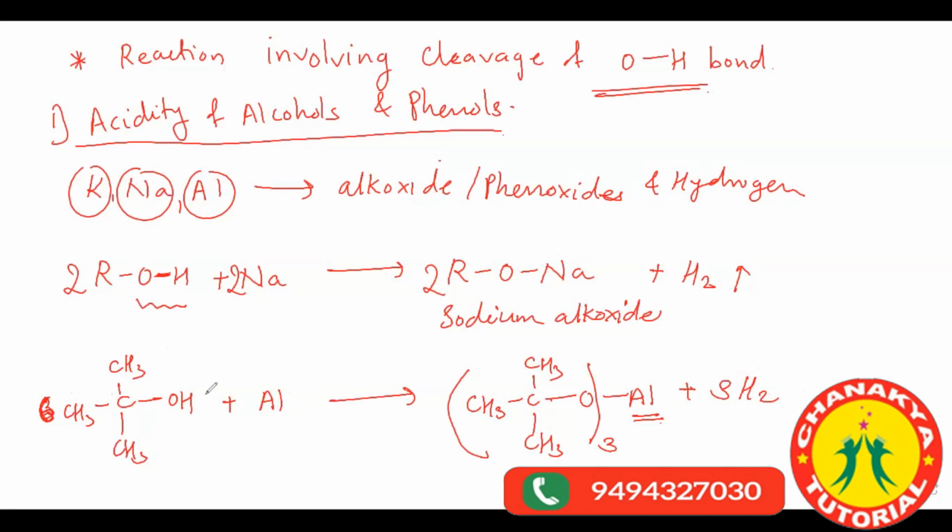And for the balancing, aluminium also needs to be there. How many? 2. So these are the 6 molecules, these are only 3, so this needs to be multiplied by 2. Your aluminium also gets balanced and your substrate also gets balanced. Correct? So this is aluminium tertiary butoxide.